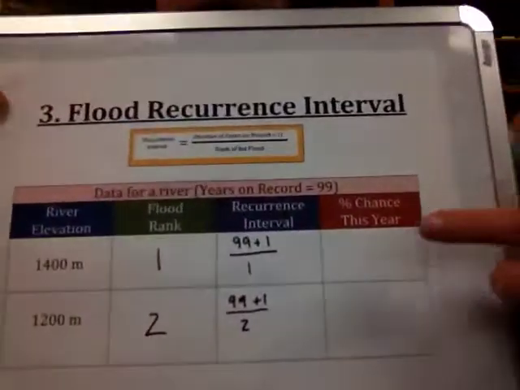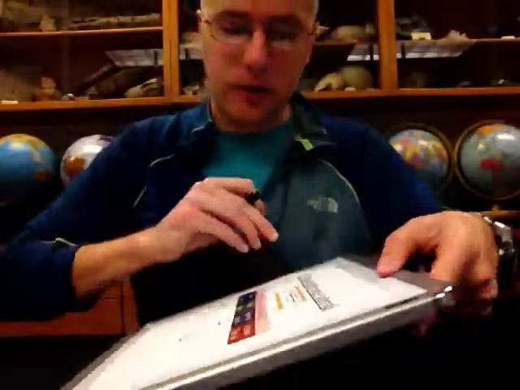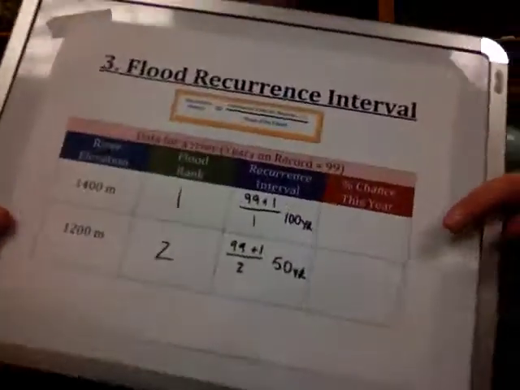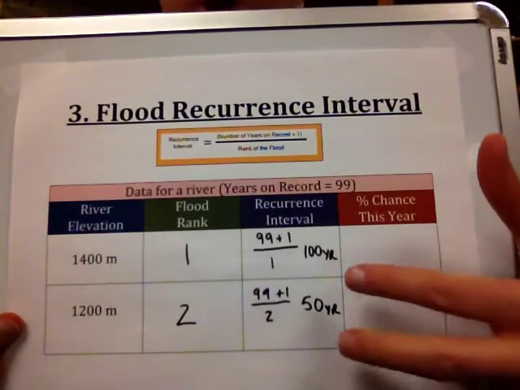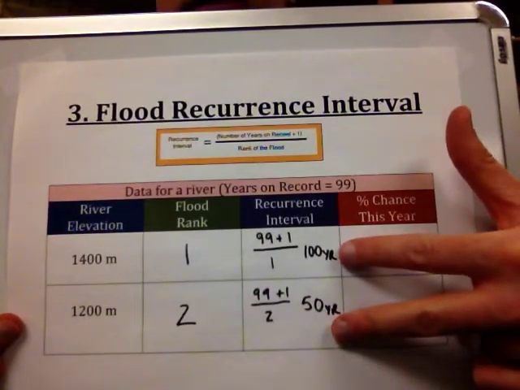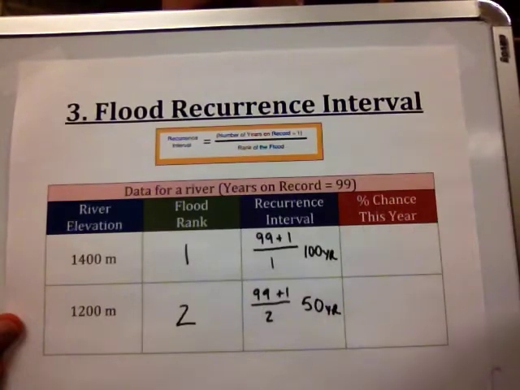We have 99 plus 1, which is 100, divided by 1, giving 100. So the recurrence interval for the first one is 100 years. 99 plus 1 divided by 2, 100 divided by 2, gives 50. Our second one is our 50-year flood. So we have the names 100-year flood and 50-year flood, but what do they actually mean? That's where we're going to do the last column.